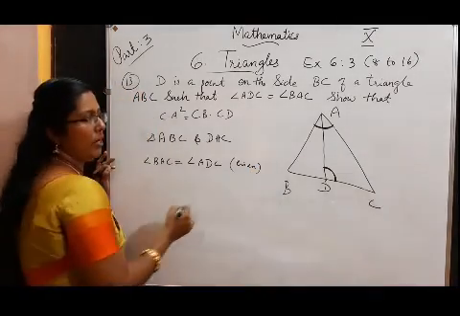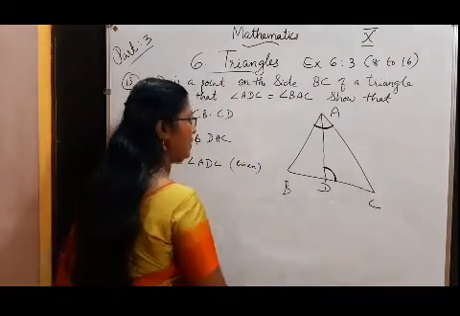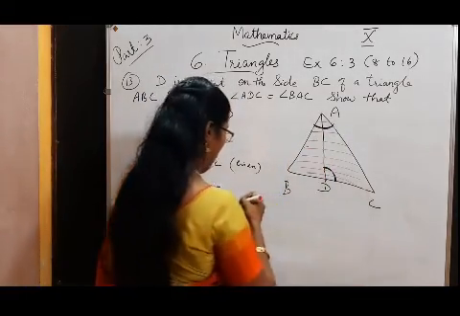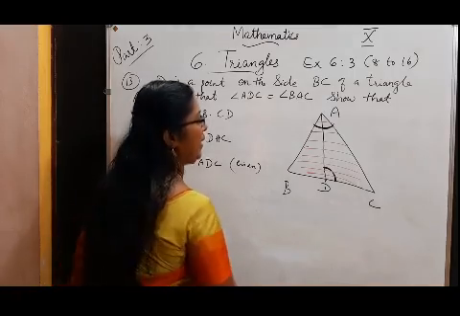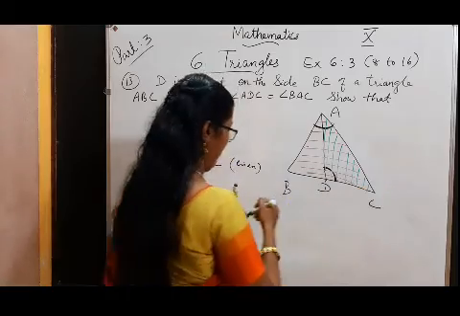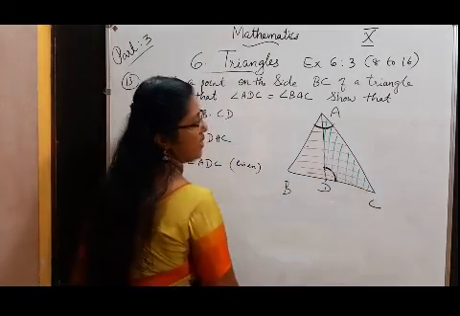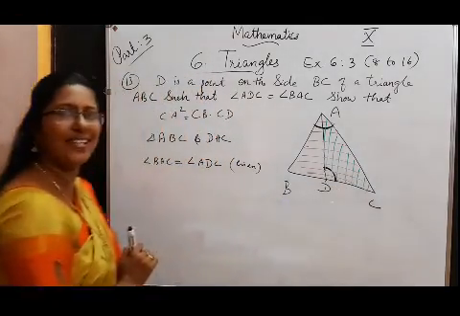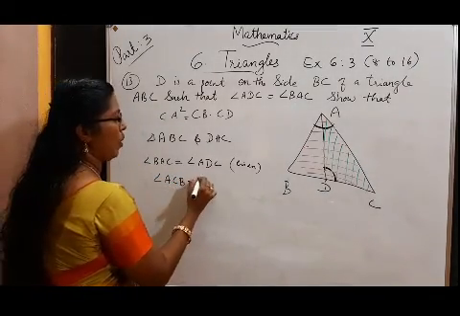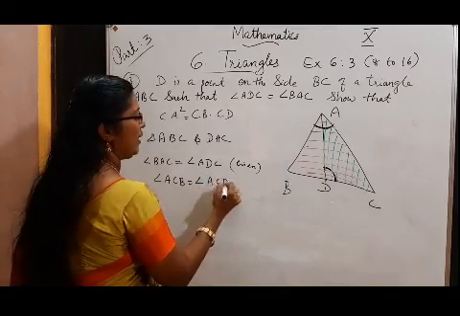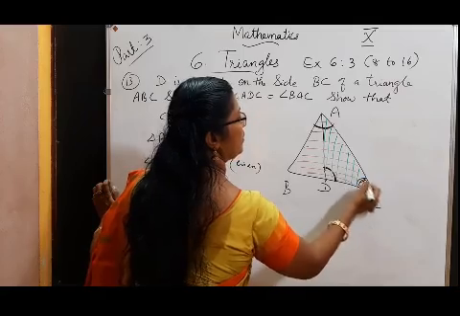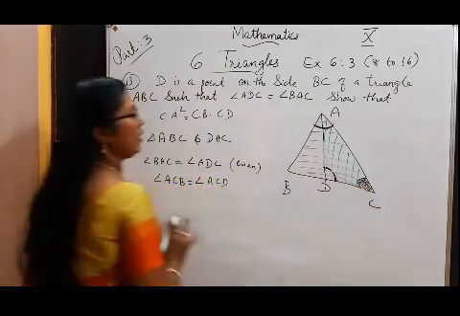Then look at ABC as the larger triangle and ADC as the right side triangle. Which angle is common? Yes, angle C is common, isn't it? Angle ACB equals angle ACD. This angle is common to both the triangles.